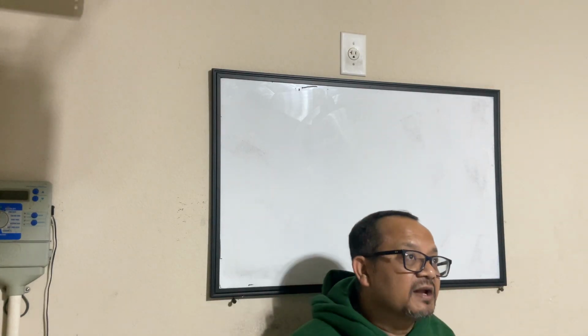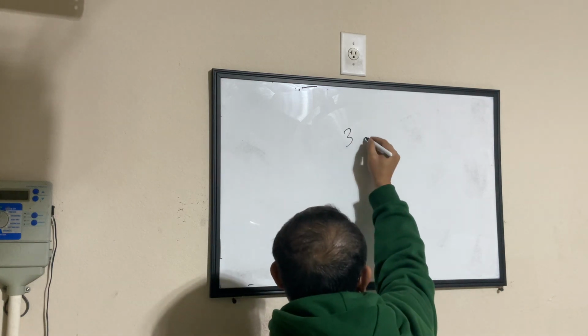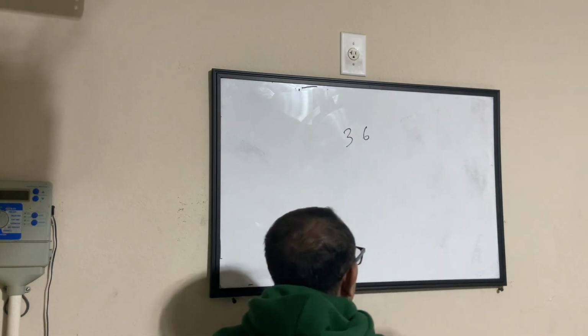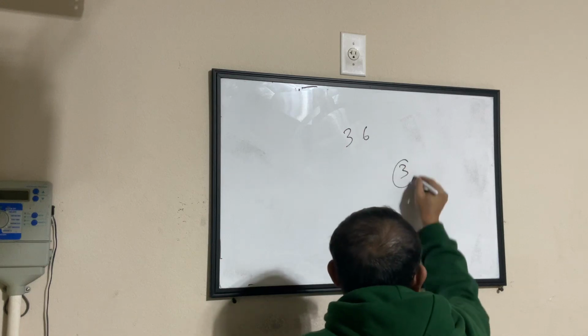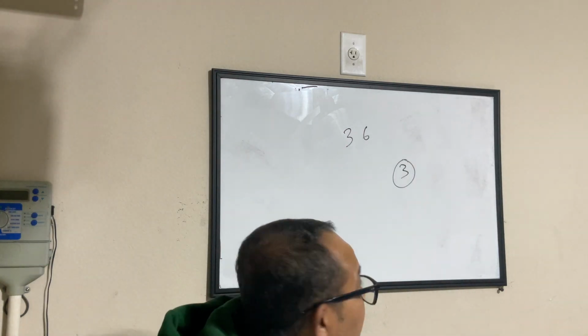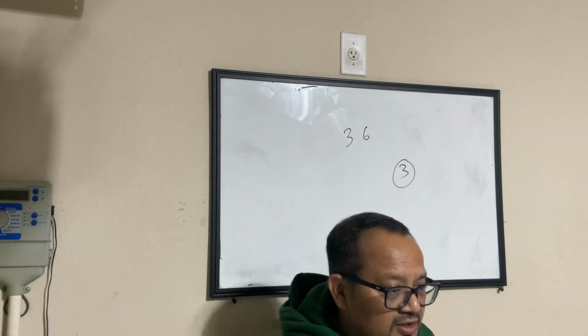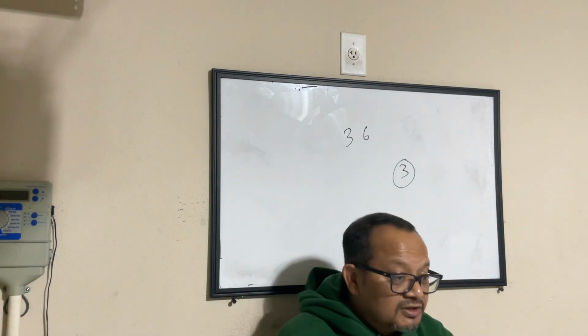Alright, coming back to this one. So I was saying that multiplying by 0, 2, 3, 4, 5, 10, 100, 1000 is easy. You guys know it. Now comes an interesting part, which is division. If I say divide 36 by 3, I want you guys to tell me whether 36 can be divided by 3 or not, without doing any calculation.